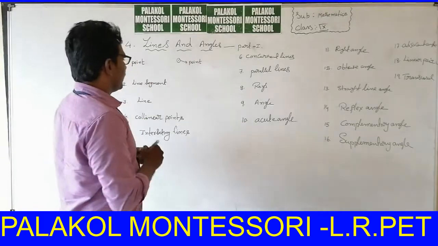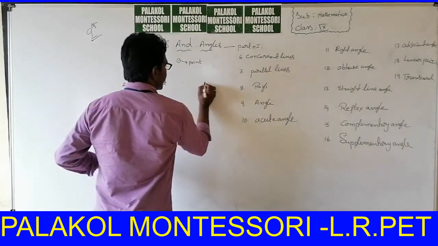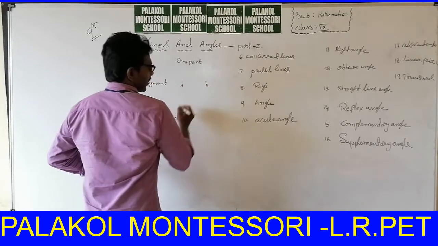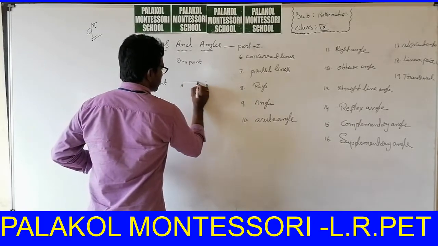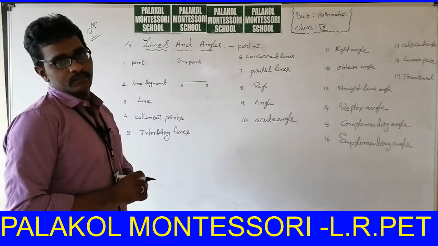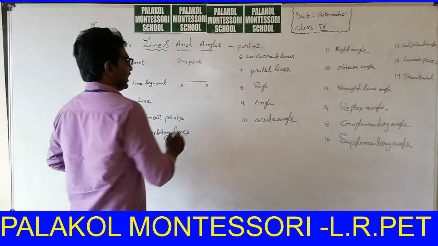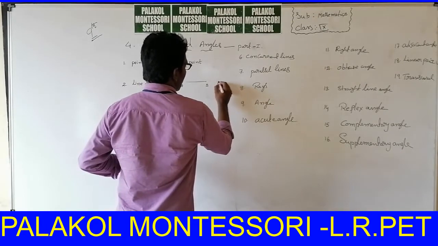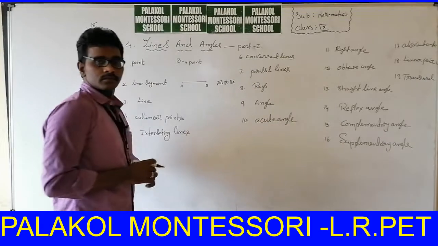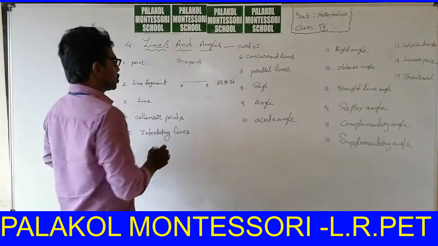On the plane you have selected 2 points A and B. When the 2 points are joined, it forms a line segment. It is denoted by AB bar or BA bar. In this case, there are 2 ends.